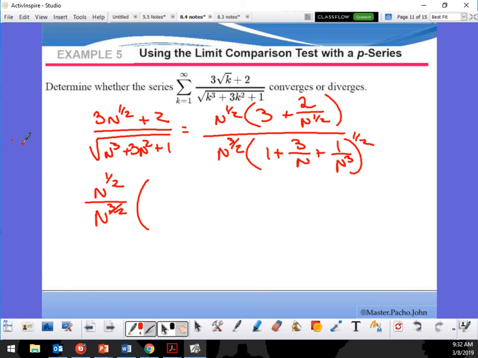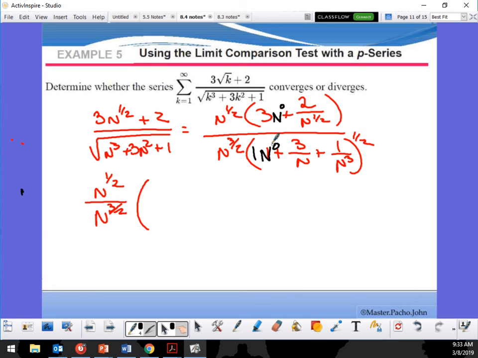So I'm going to plug these in so you guys could actually see this, because this might be kind of confusing. This right here is actually n to the 0 power. This right here is going to be 1 n to the 0 power also. Now these are all negative exponents.